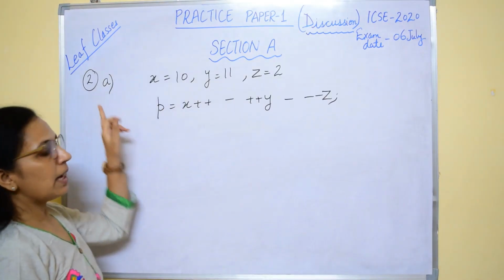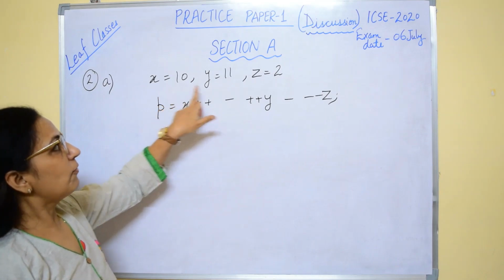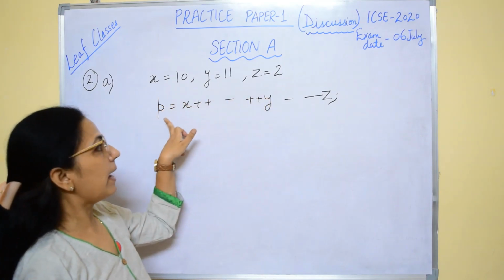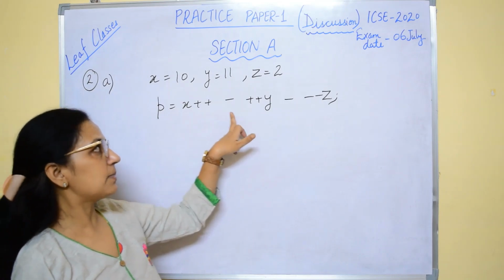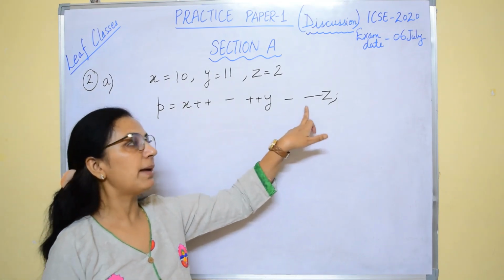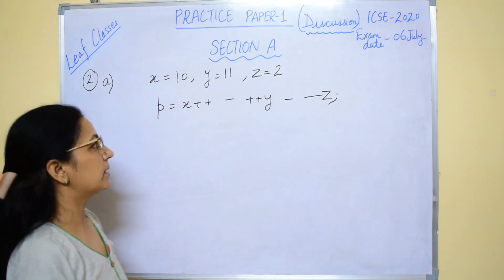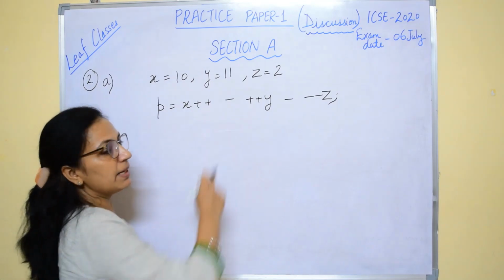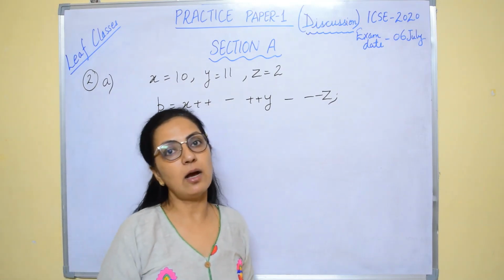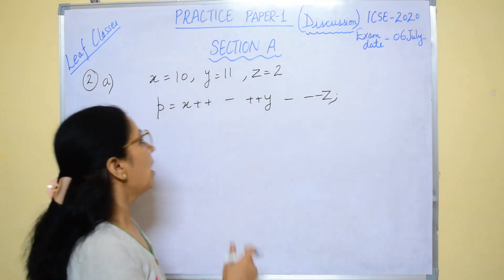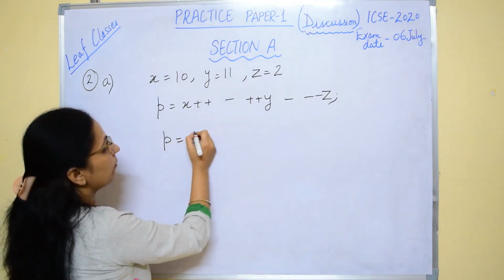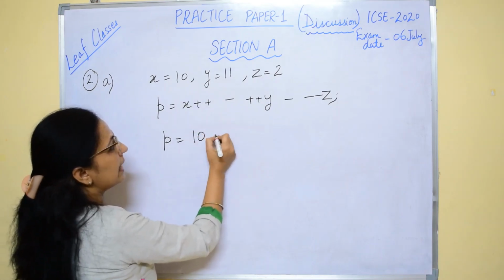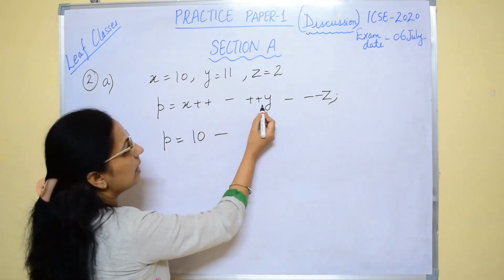Question number 2, A part. The values of x, y and z are given and you have to evaluate the expression p equals x++ minus, minus y minus z. For increment and decrement operators, if you have any doubt please refer to that video. We'll solve it here. For post-increment, first the value will be used and afterwards it will be changed.